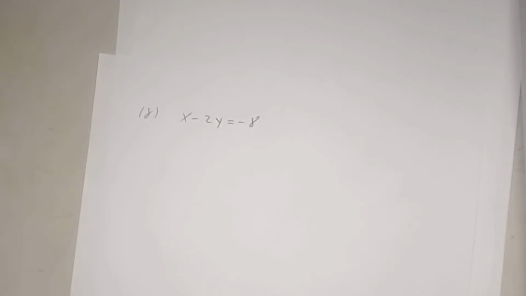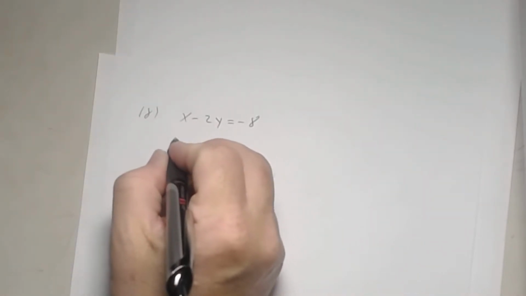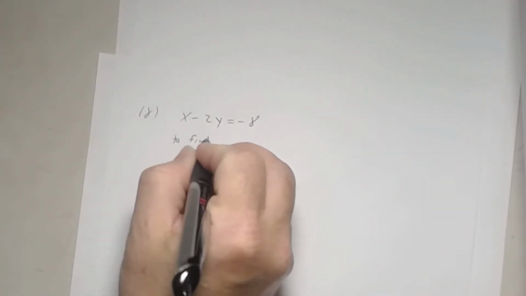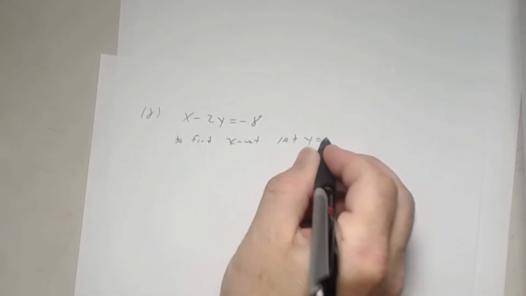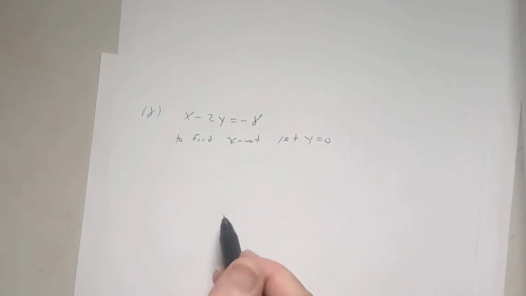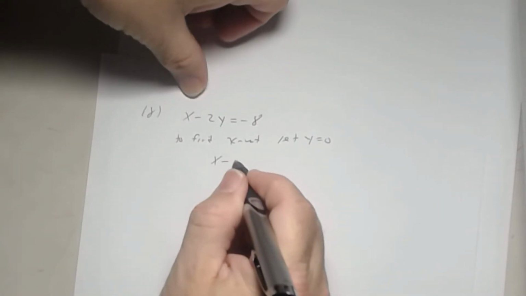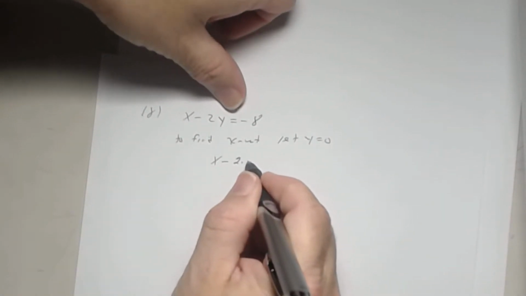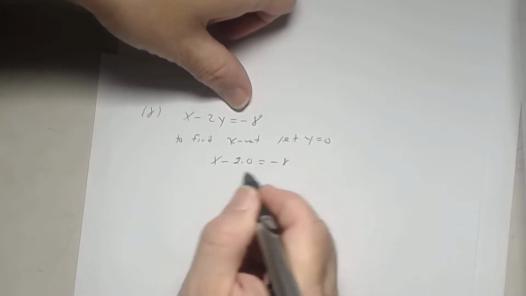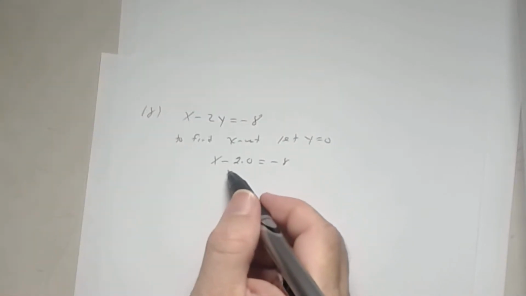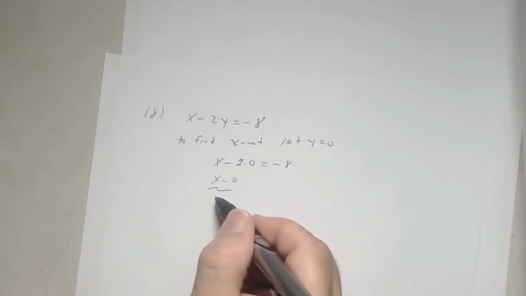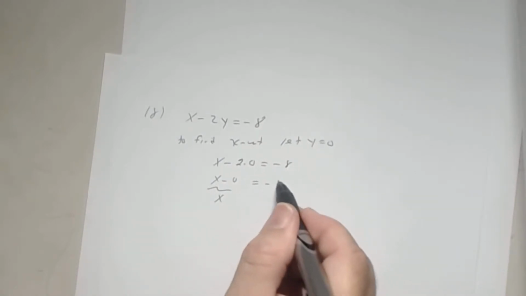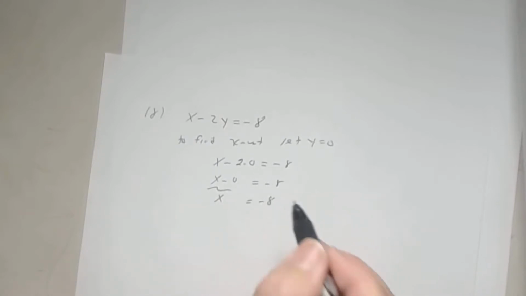So just write out, to find the x-intercept, you're going to let y equal 0. In place of y, you're going to substitute 0. So I get x minus 2 times 0 equal -8. Remember, 2 times 0 is 0, so this is really x minus 0, which is just x. So x equals -8. Y'all agree?